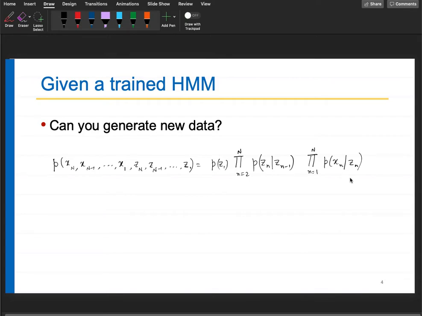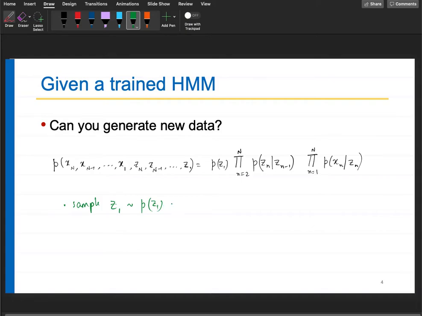So we first randomly sample the initial state Z1 from the probability of Z1, which is pi Z1.